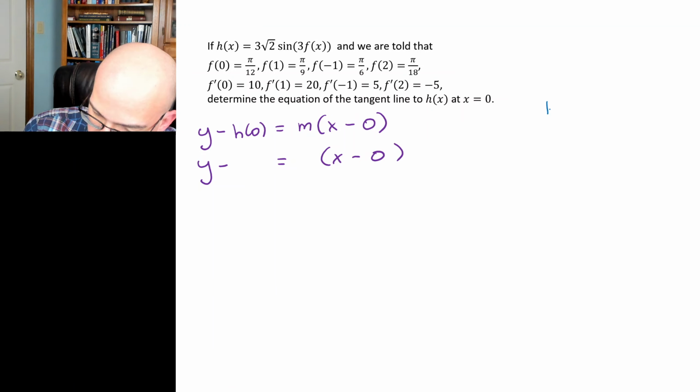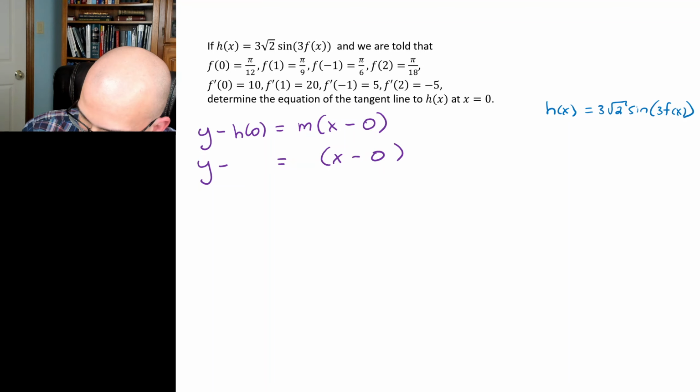What's h of 0? h of x is 3 root 2 times the sine of 3f of x. h of 0 is 3 root 2 times the sine of 3 times f of 0.